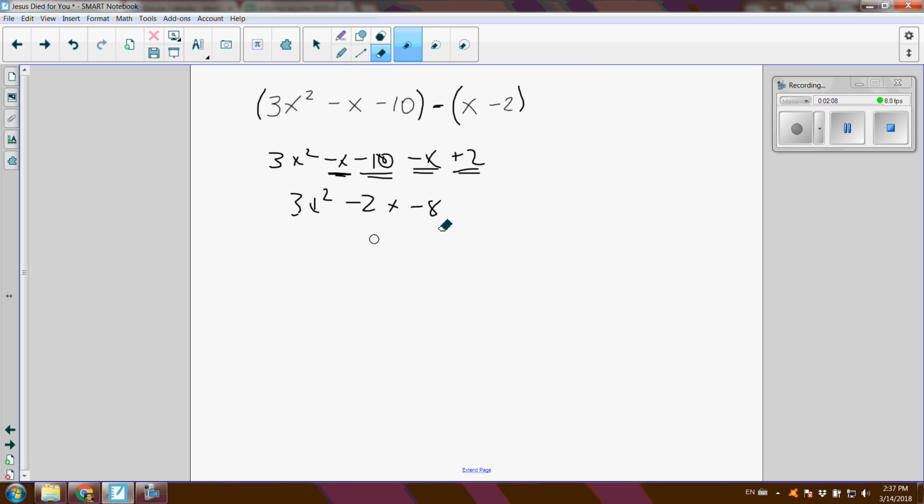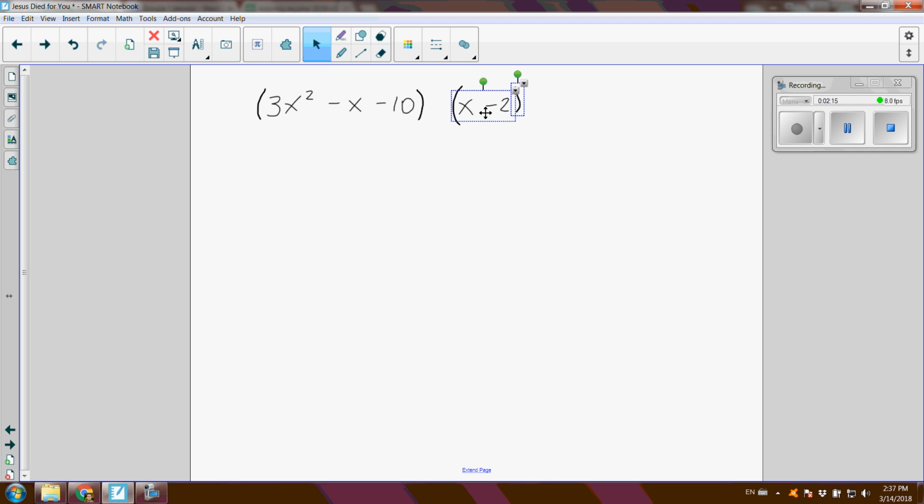We can also multiply them. When we multiply them, we use this notation. We just scoot them together like this, because parentheses in algebra mean multiplication. Here we have a lot of terms, and I'm not going to actually go through this, but you multiply the 3x squared times the x, and the 3x squared times the minus 2, and the negative x times the x, and the negative x times the minus 2, and the negative 10 times the x, and the negative 10 times the minus 2.